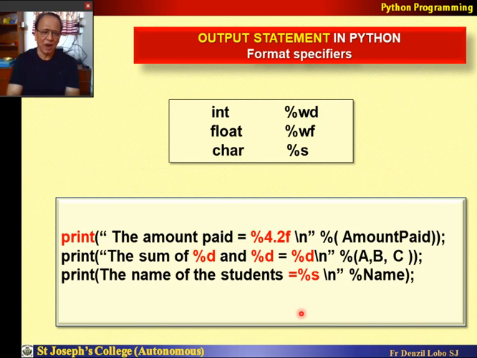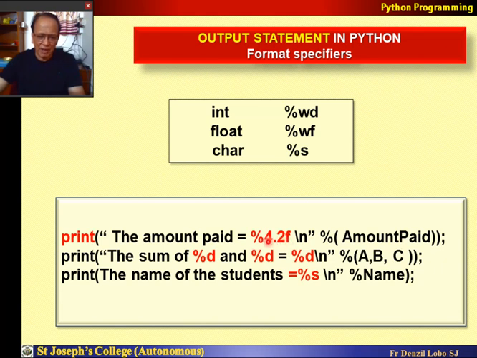Output statement. The output statement is used to display the content of whatever we have calculated. For example, amount paid. I want to display the amount paid. This amount paid contains a value, some numbers. That has to appear here. To do that, I have to give this format specifier, percentage 4.2 f.